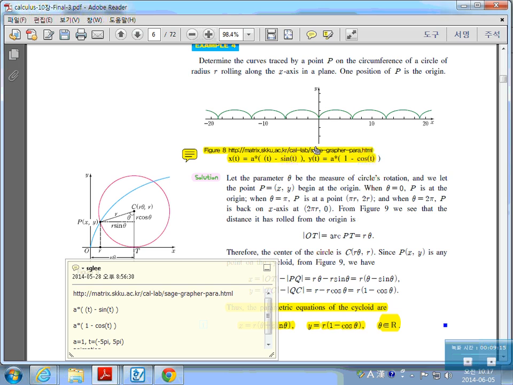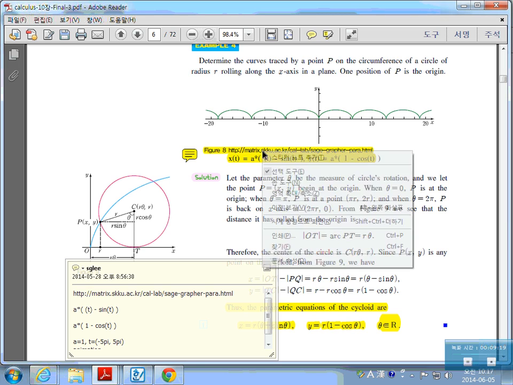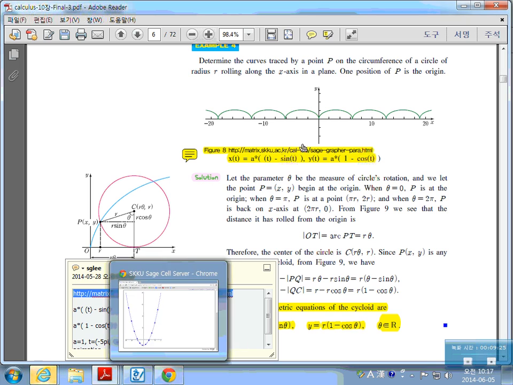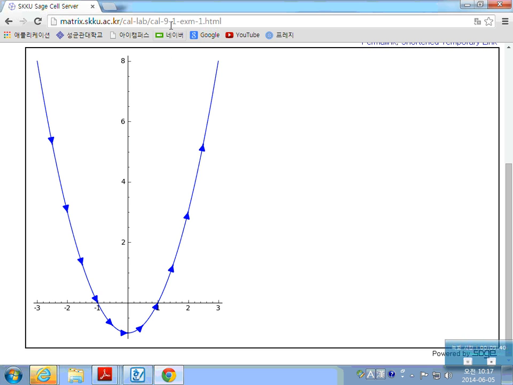So we may copy this web address. This cycloid can be drawn by these parametric equations. I will show you.